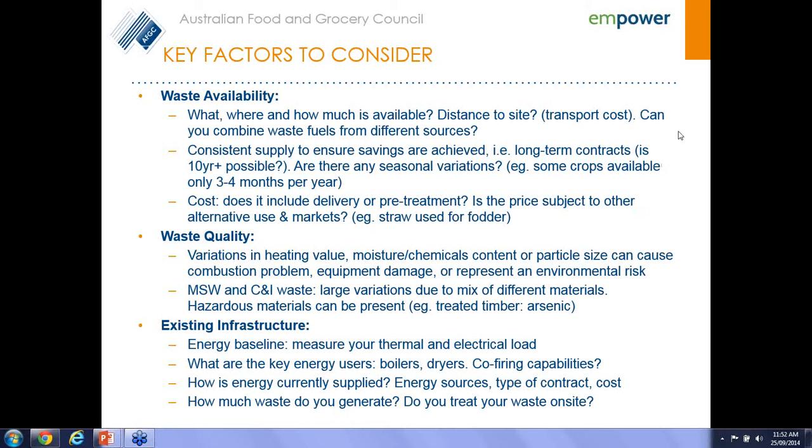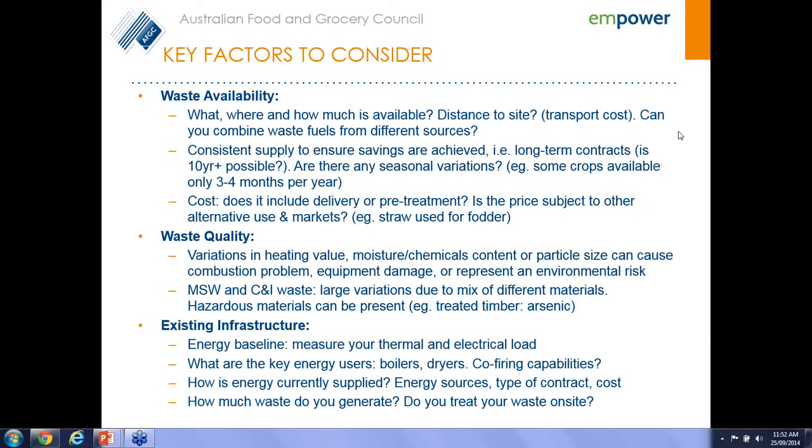An example of that is treated timber that can be found in construction and industrial waste, which can have arsenic. So these sorts of materials are not suitable for biomass combustion, for example.